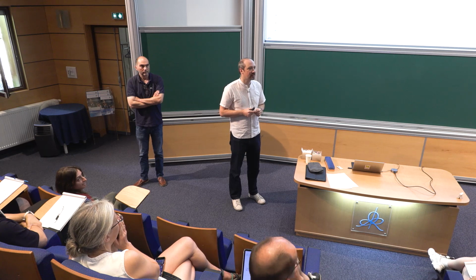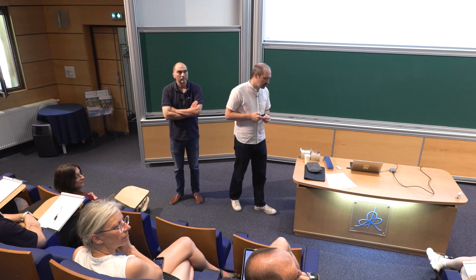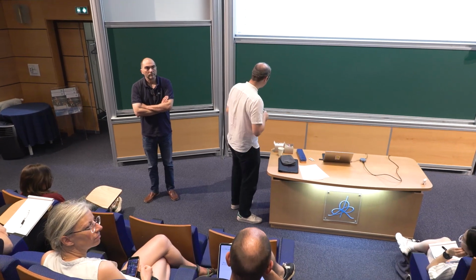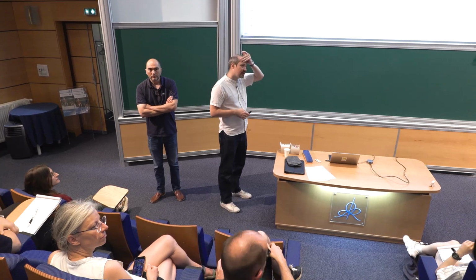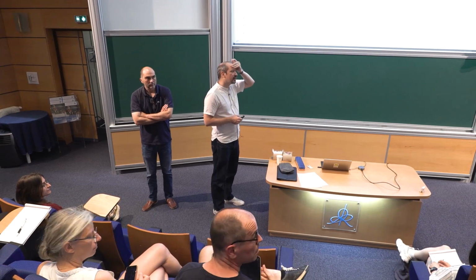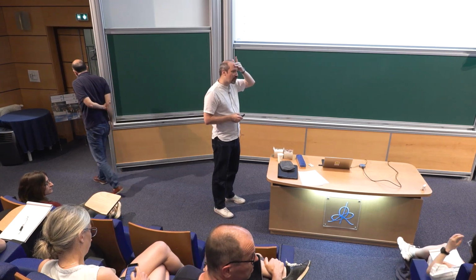Yes? Is it possible to have limit cycle solutions for magnetization in such a system? So you mean fluctuation? Okay. In the periodic way, I don't think I've seen it. You can get chaotic dynamics.